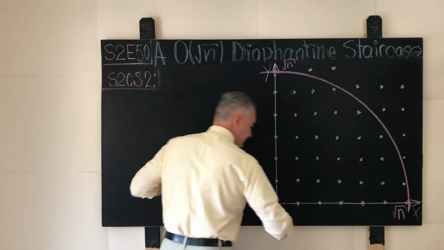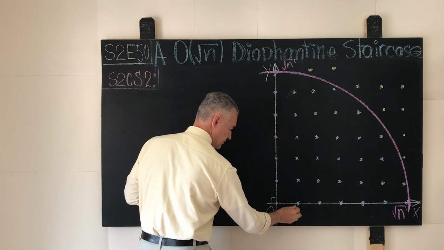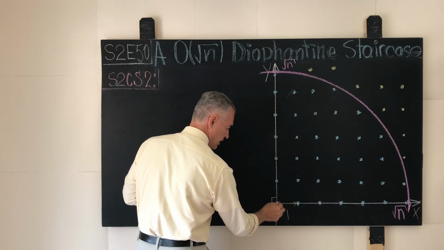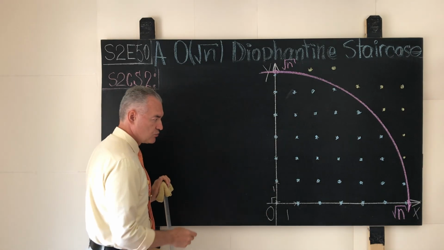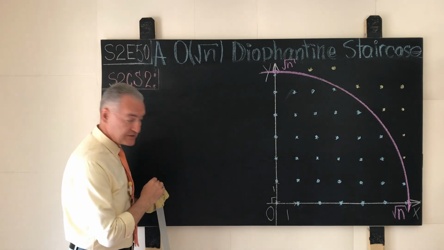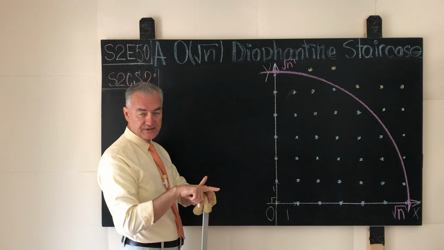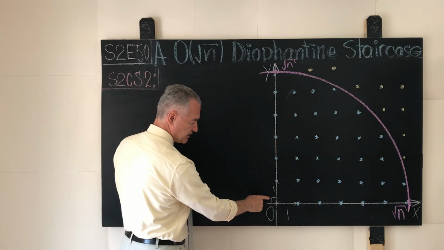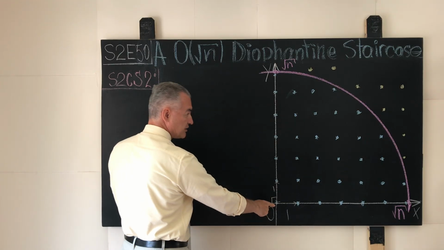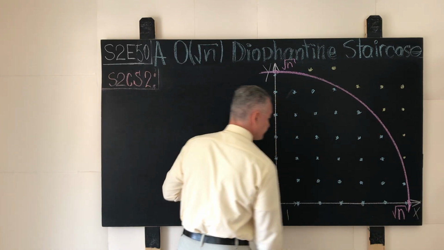But this is the depiction or a successful reinterpretation of the given problem. The x-axis, the y-axis, the origin, this is 1 right here, this distance is 1, this distance is 1, scale with respect to or along both coordinate axes is 1 and the same. The angle between the coordinate axes is what? Is precisely pi over 2 radians. Origin centered circle of radius square root of n.